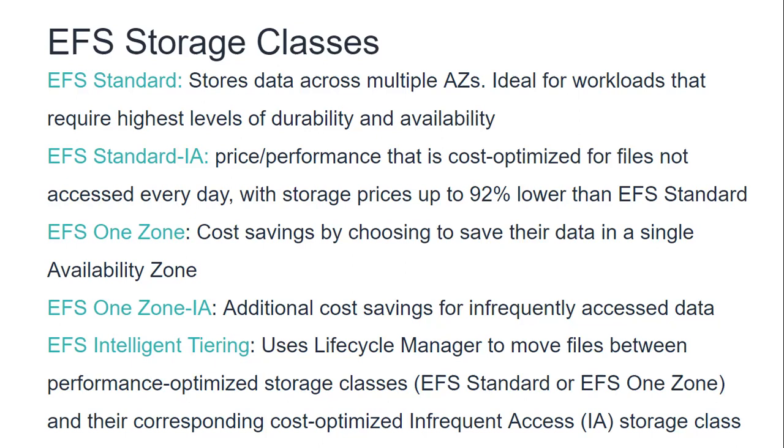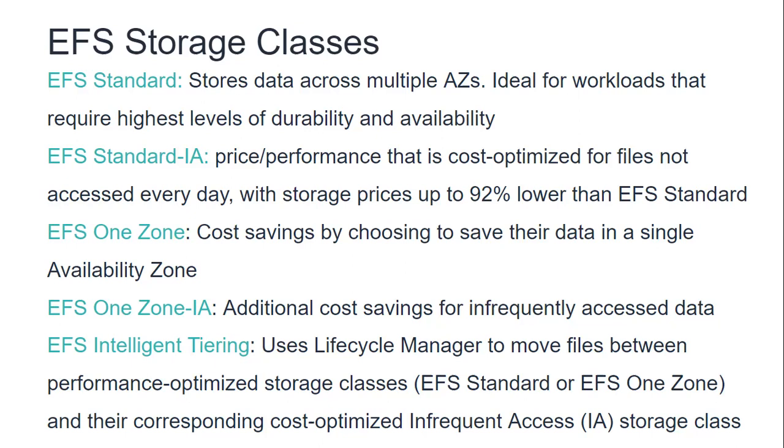If it's stored in just one availability zone, it makes the price lower. If it is stored as an infrequently accessed storage class, it means that you will not access the data a lot, so they can give you a lower price and store it in such a way that it is not frequently accessed. However, if you want to access it, then maybe your price goes up a bit.